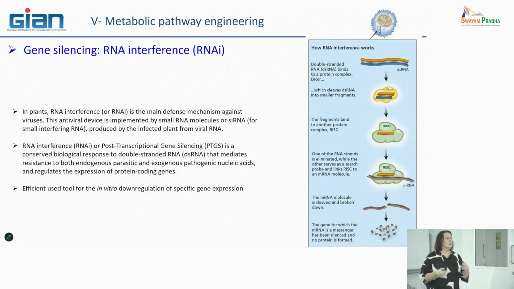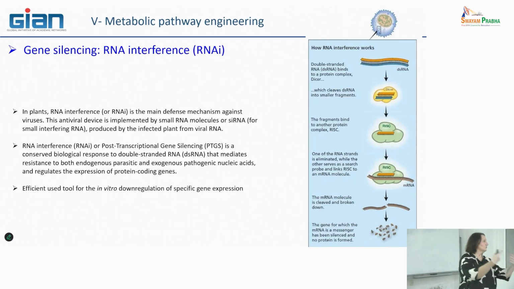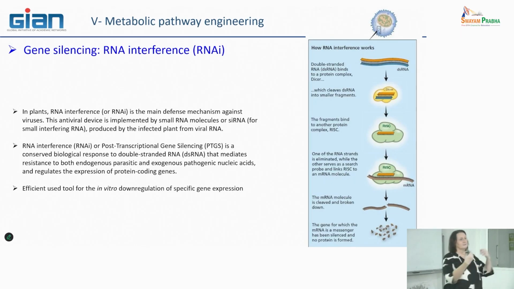So that means we create an artificial sequence, or we clone the gene that we want to silence and we extract the cDNA sequence, and we artificially transform the plant cell to produce this specific mRNA.